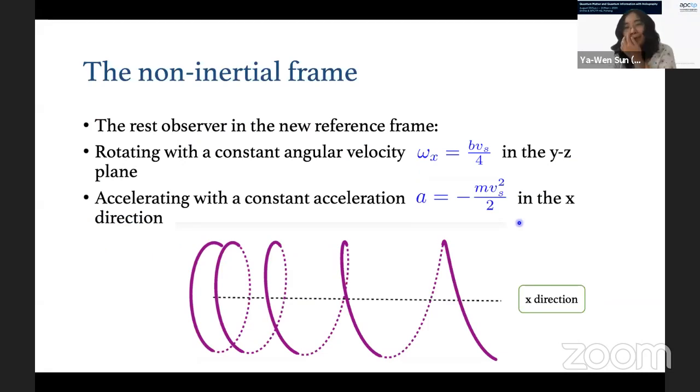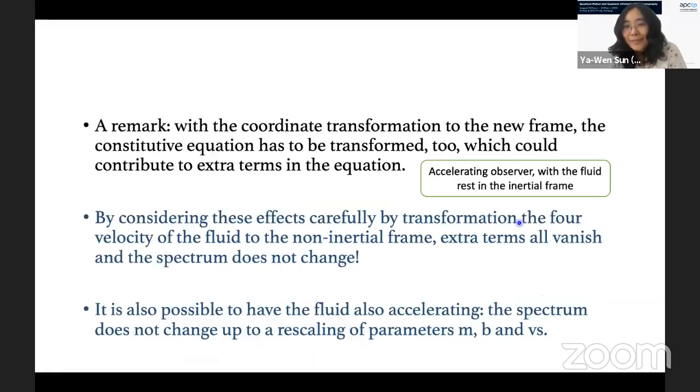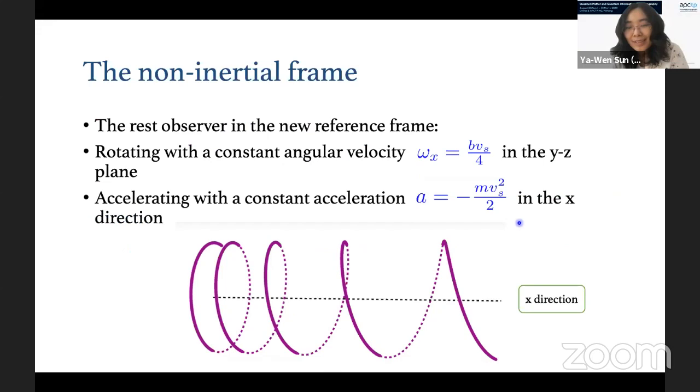So up to now, we have found that in a special non-inertial reference frame, for this special accelerating observer, he could observe topologically non-trivial states of matter, which were topologically trivial in the original inertial reference frame.